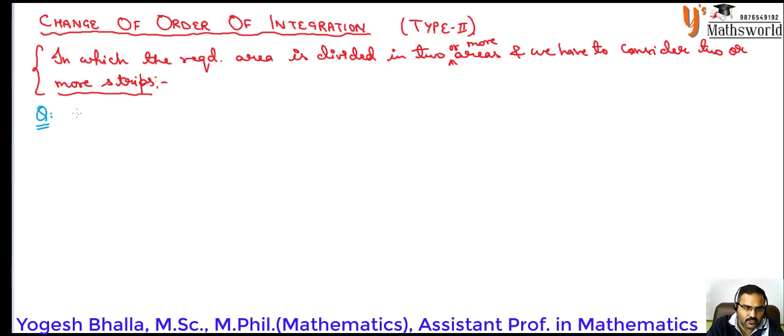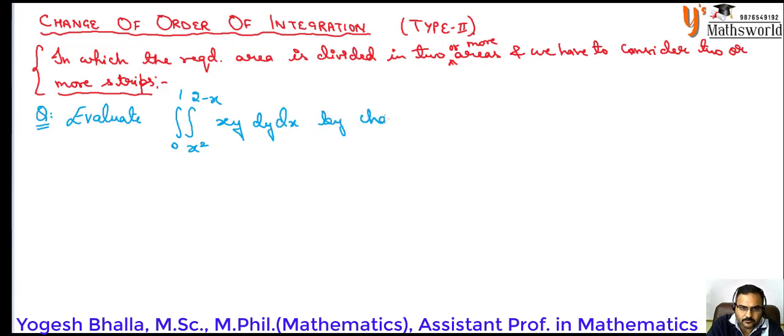So the question is: evaluate the double integral from 0 to 1, x square to 2 minus x, of xy dy dx, by changing the order of integration.